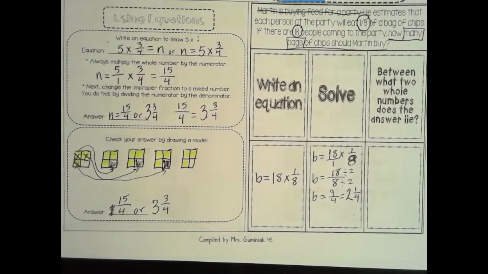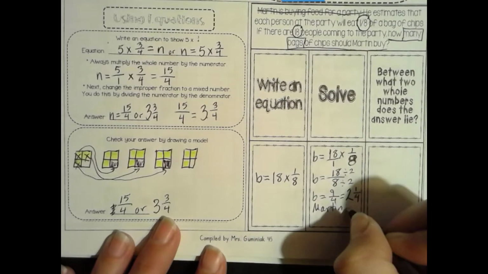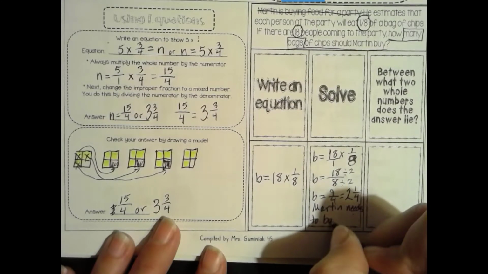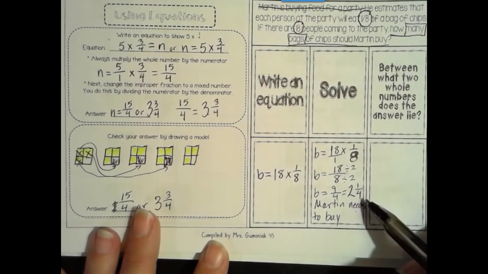Do stores let you buy 1/4 of a bag? No. So we have to figure out what would be a reasonable answer. Martin needs to buy, he needs to buy 2 full bags, and he only needs 1/4 more.